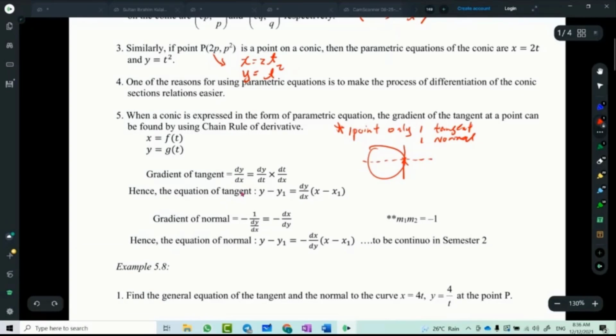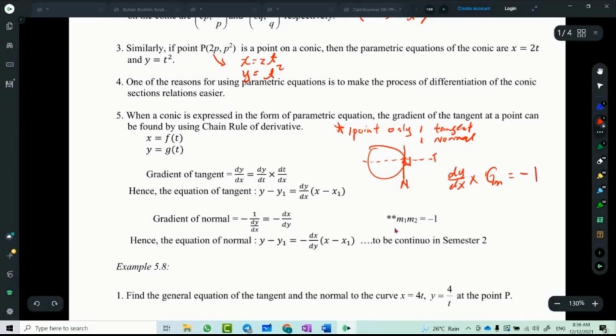Then after the equation of the tangent, now you want to find the equation of the normal. From just now you have got the gradient of the tangent. Because the relationship between the normal and the tangent is 90 degrees, you can use m1 times m2 is equal to -1. m1 is considered as dy/dx, the gradient, multiplied by the gradient of the normal that you are going to find.